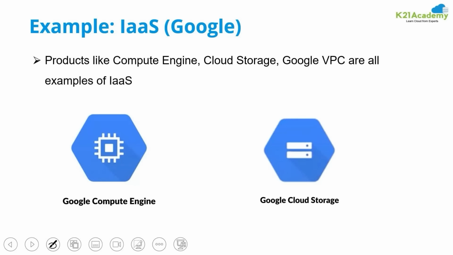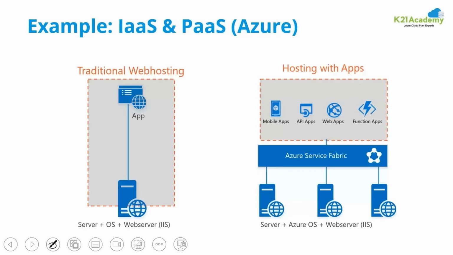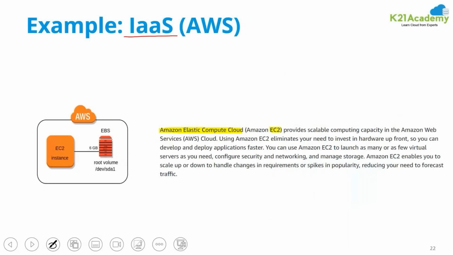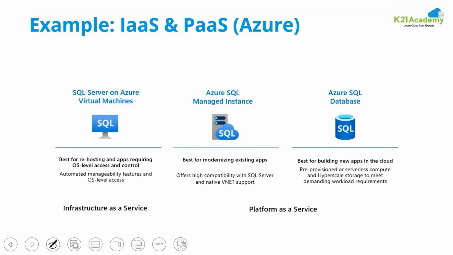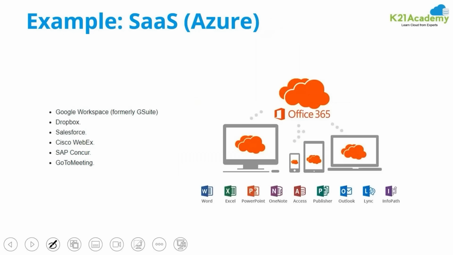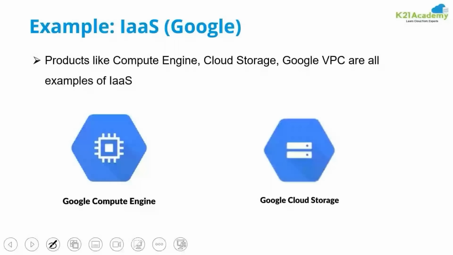Very rightly said. For AWS, the infrastructure as a service offering is the EC2 instance. For Azure, infrastructure as a service is basically the VMs that you create in Azure. For Google, it is the Compute Engine that you create in the cloud.